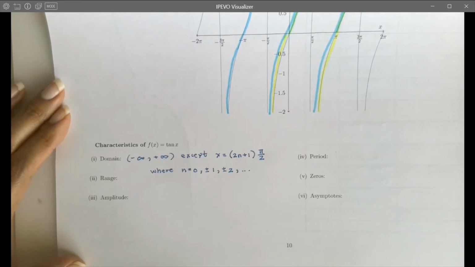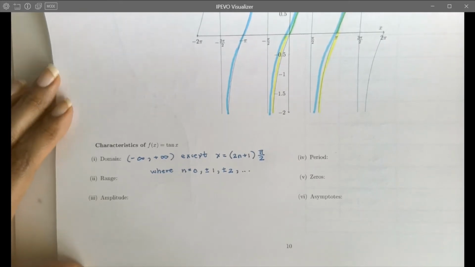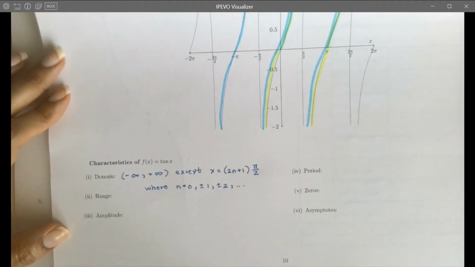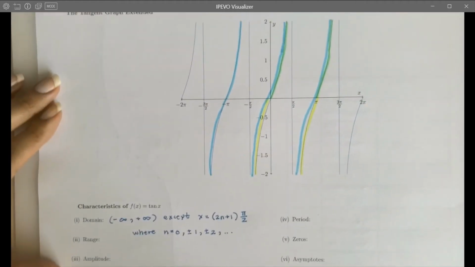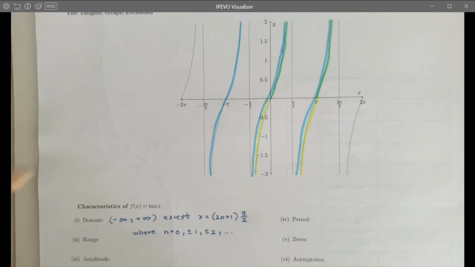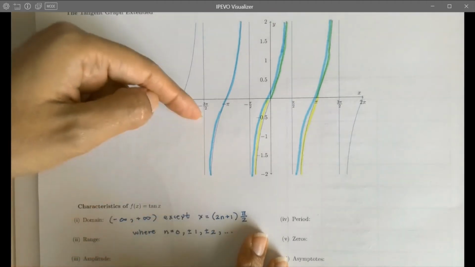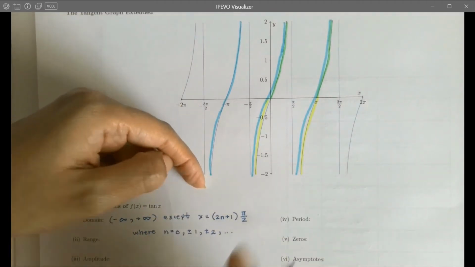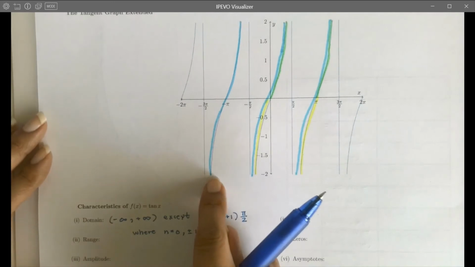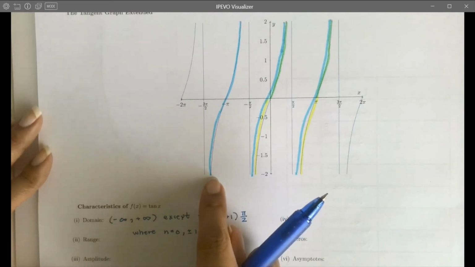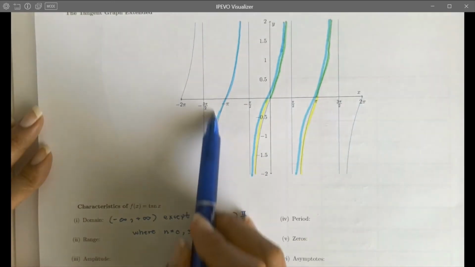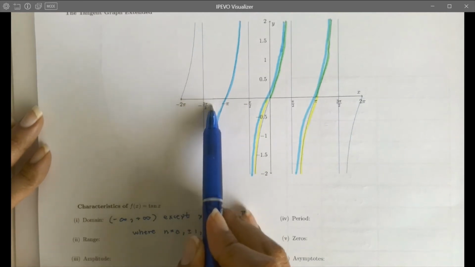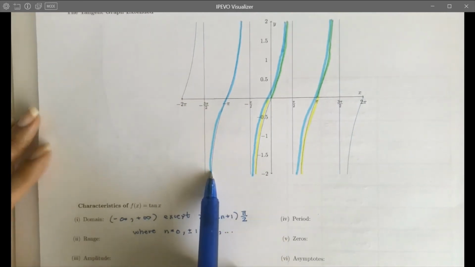For the range, that is asking what are all the possible y values that you're going to obtain from tangent. Well, from tangent, there is no restriction on y values, right? No matter how far negative I get, there will be a part of the graph that touches that negative y value. So I can always look back and see what is the x value that corresponds to the very negative y value that I chose to consider.